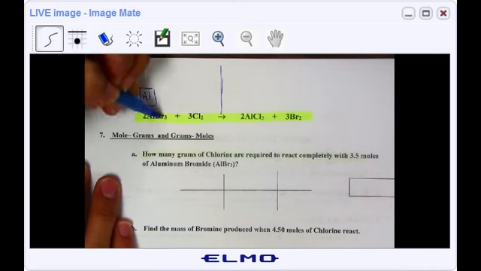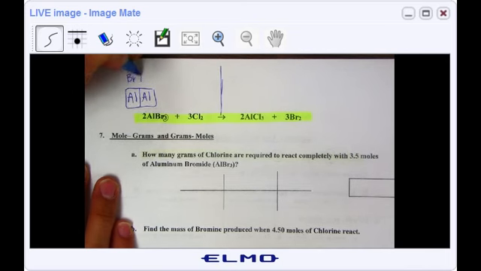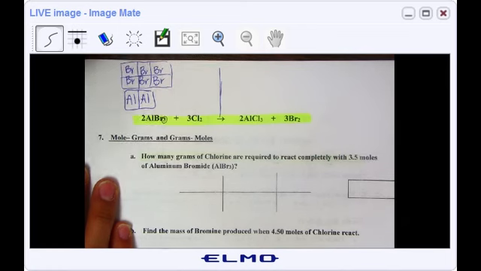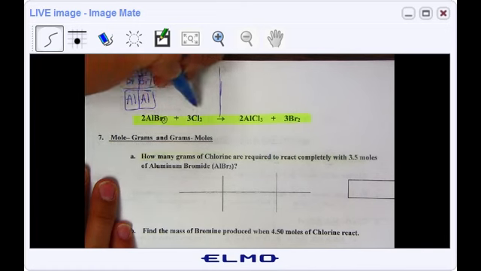I have 6 Brs because this 2 gets multiplied by the subscript for Br. How many Cls do I have? You have 6 Cls because it gets multiplied by the subscript.